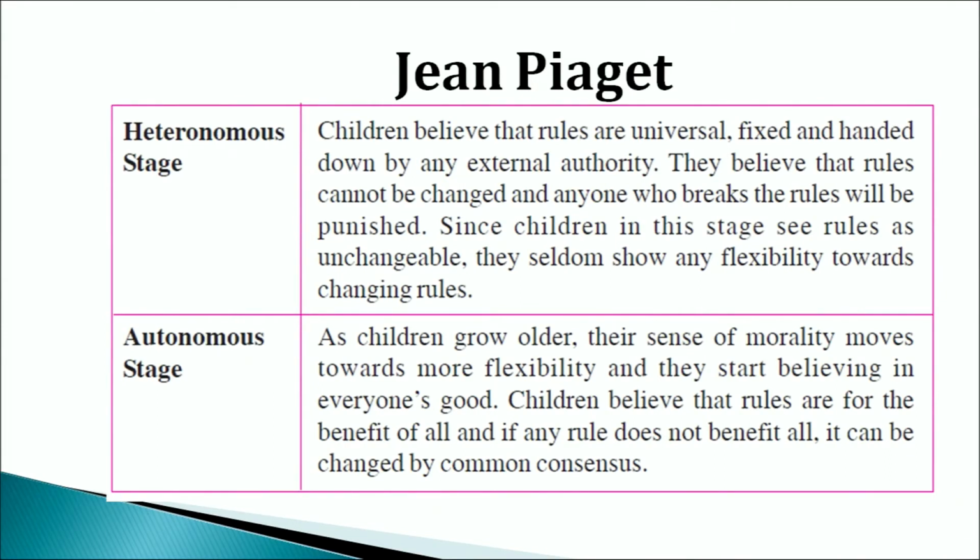They believe that whatever rules have been made, if they do not benefit others or them, then they have no place. That is, they can be changed by common consensus. This means at the autonomous stage of moral development, children have the tendency to be flexible when it comes to the rules and regulations of behavior.